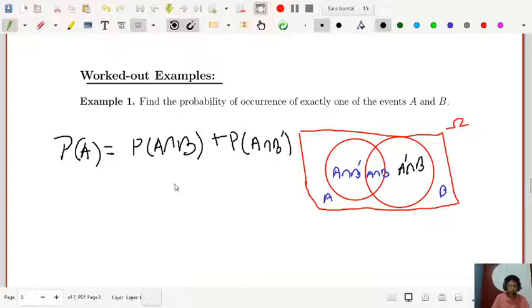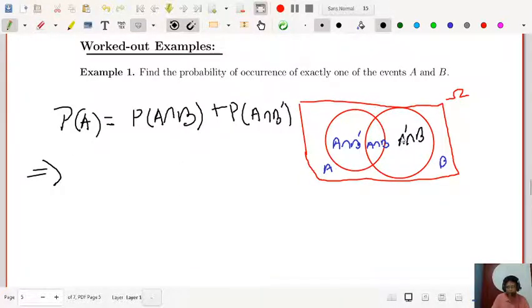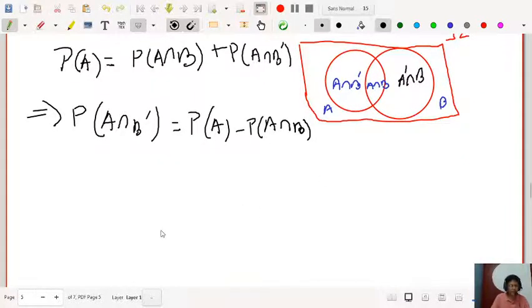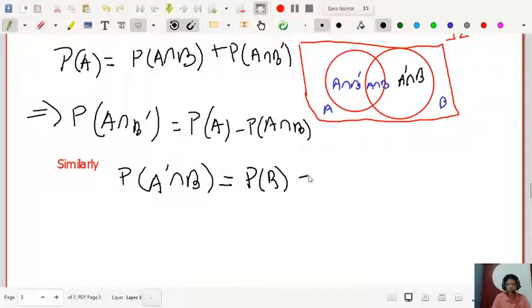Now you look at the diagram also, and from here you can write probability of A intersection B complement is nothing but your probability of A minus probability of A intersection B. Similarly, you can write probability of A complement intersection B equals probability of B minus probability of A intersection B. These are the two relations.